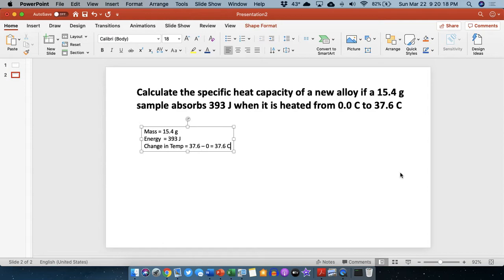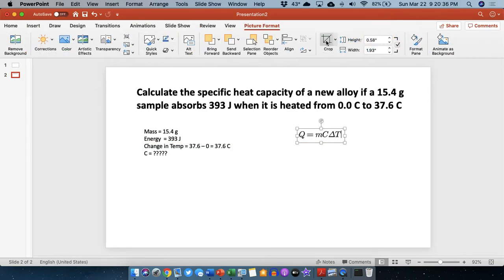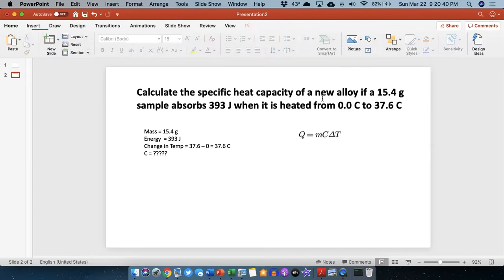So I've got mass, I've got energy, I've got change in temperature. I'm looking for specific heat. All right, that's the number I'm looking for. Now, let's take a look at our equation again. We have Q equals mc delta T. Okay? So, let's plug and chug here and see if we can figure this out.